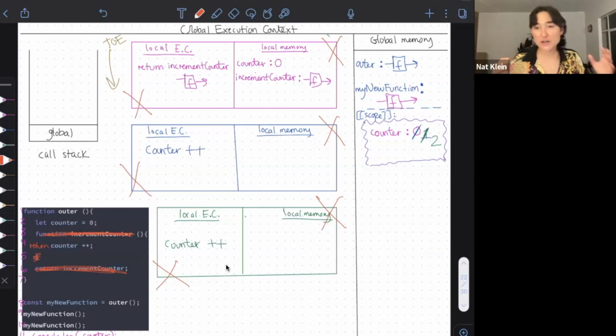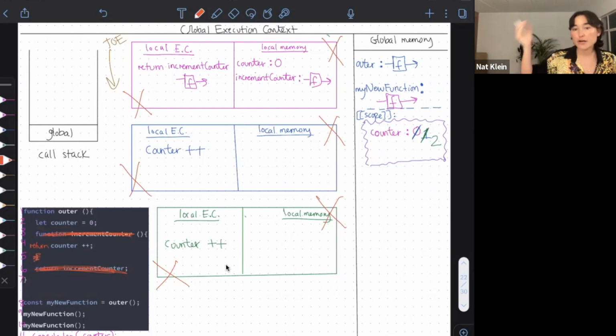Yeah, totally, the train of thought totally makes sense, especially if you're newer to this. This is complicated. If we were to do this, and let's say that this was our function body, we declare this counter variable using let, we assign it the value of 0, and then we return counter incremented. Let's say that none of this was here. We invoked outer afterwards.